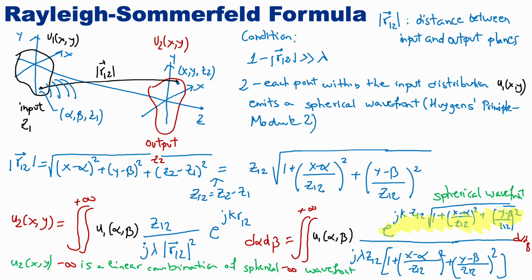So let's talk a little more about it. We have our integral, and the value c, the distance between the planes, is a constant. Every time we have x minus alpha or y minus beta, this means that we can write this integral as a convolution.